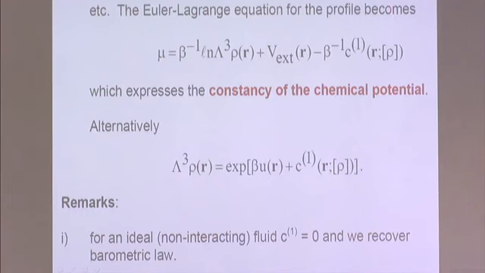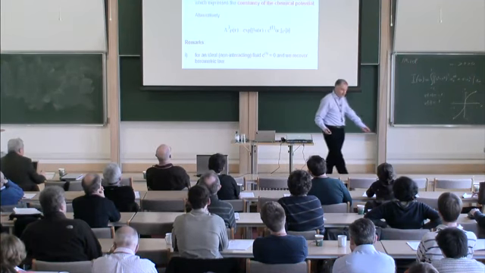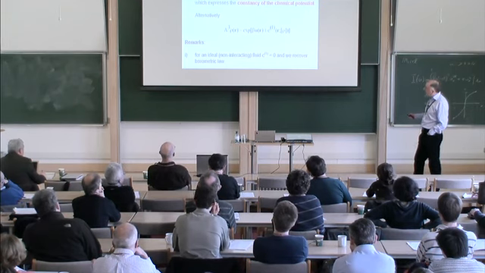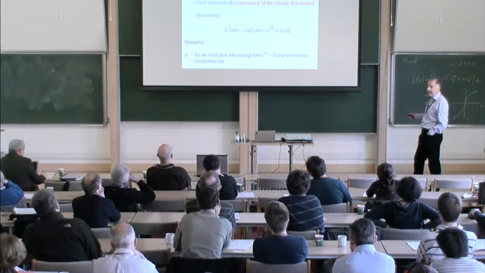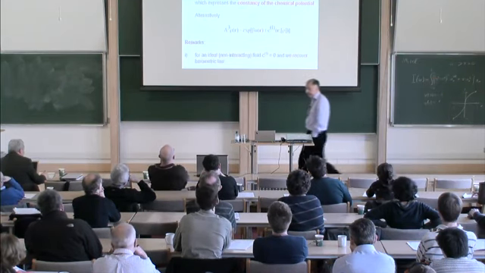But of course, it depends self-consistently on the density you're trying to get by solving that equation. You can write it like this, and then you see why it's an exponential, because you're doing Boltzmann statistics. If I turn off the interaction between particles, I have an ideal gas in, say, a gravitational field. You'll see this is nothing more than the barometric law. This is mu minus the external potential. That's gone to zero. So I'm just getting back the barometric law.